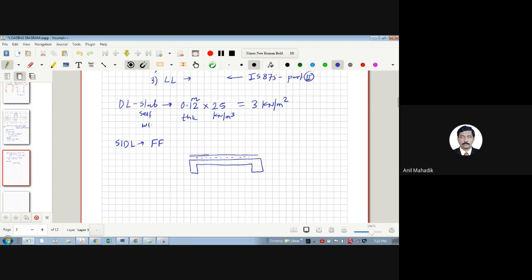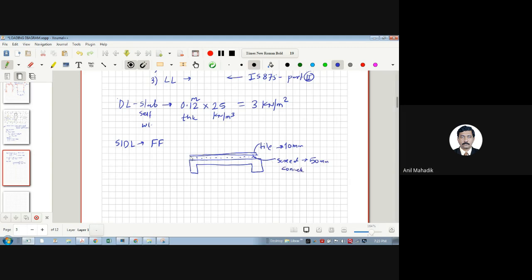So this is your tile and this is your screed, concrete screed. Tile generally for calculation I can assume as 10 mm comfortably. 10 mm thickness tile and let's say 50 mm thickness of concrete screed.